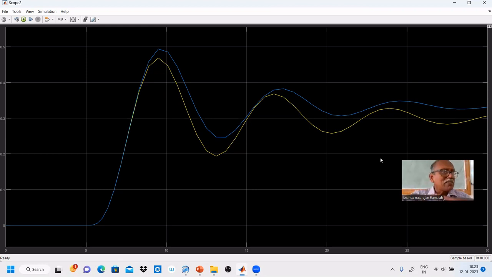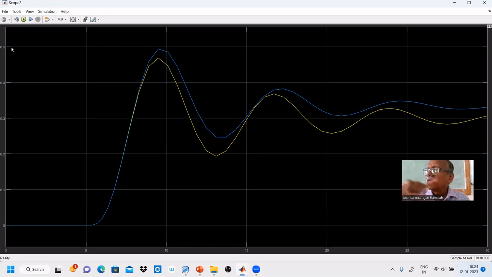So it must remain at 0. Even when the disturbance comes, it is not deviating to 0.4. If no controller is there, what will happen? It will go to 1, because of the disturbance, because the gain of the system is 1.